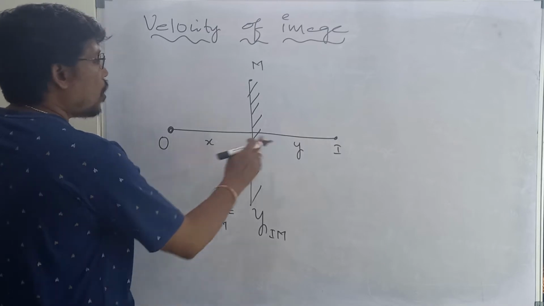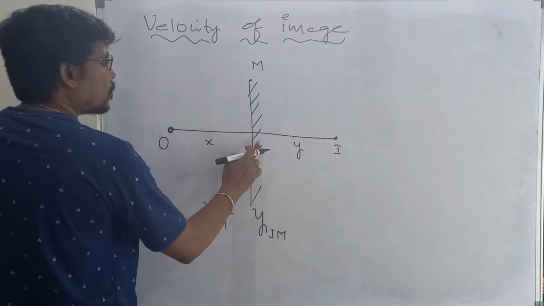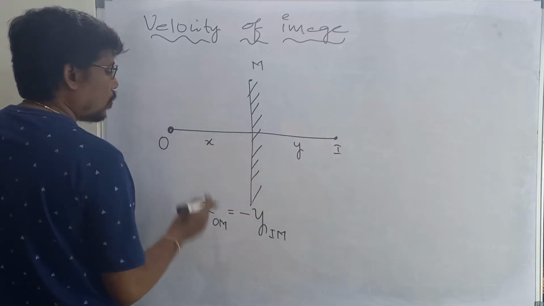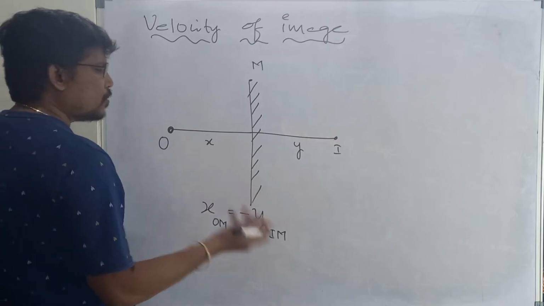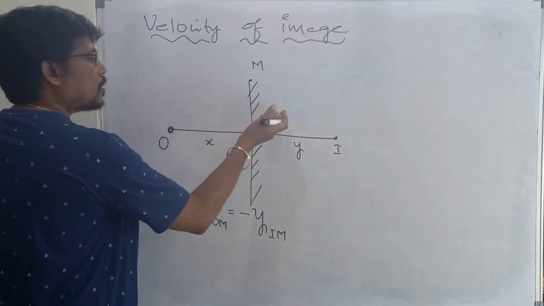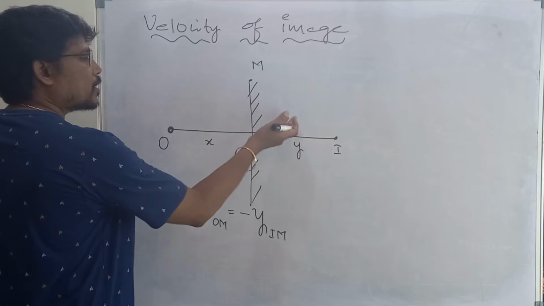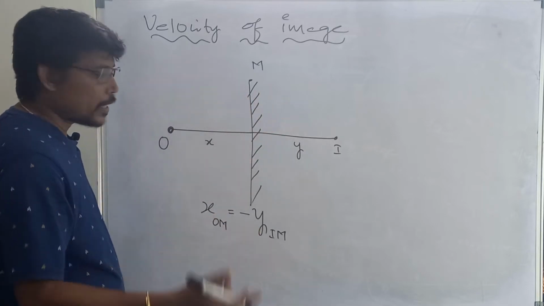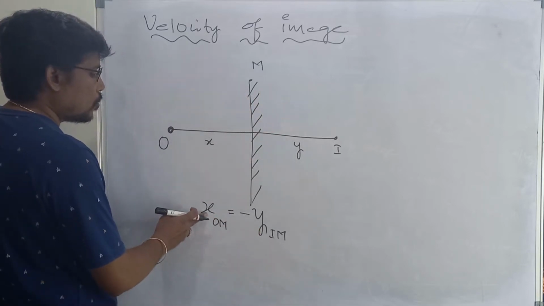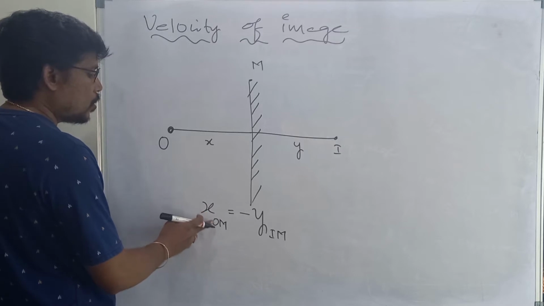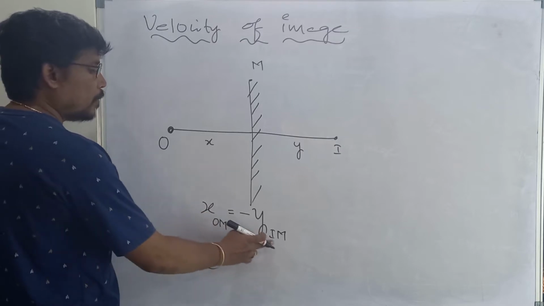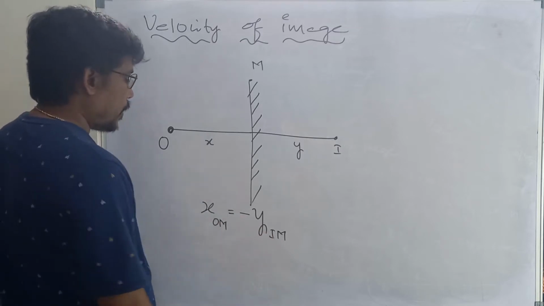Now see, the image distance with respect to the mirror should be the negative of the object distance. Why? Because suppose in a simple case, this is the positive x-axis and this is the negative x-axis, you can consider it like that also.